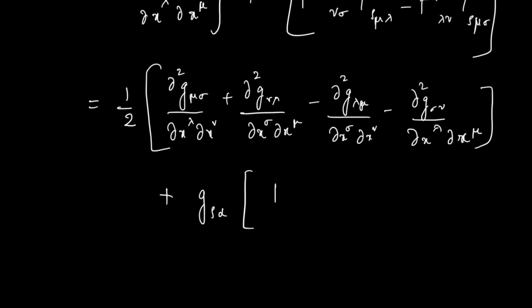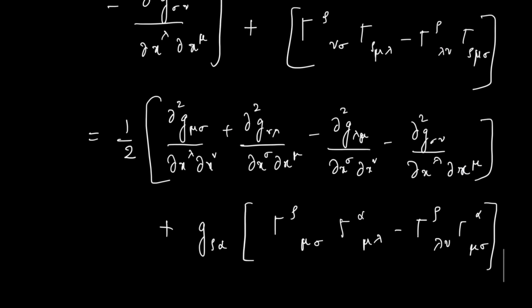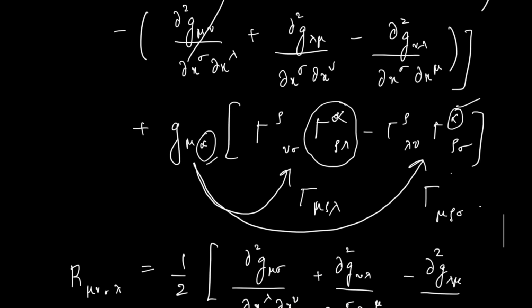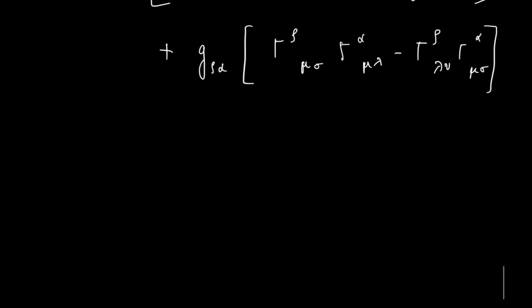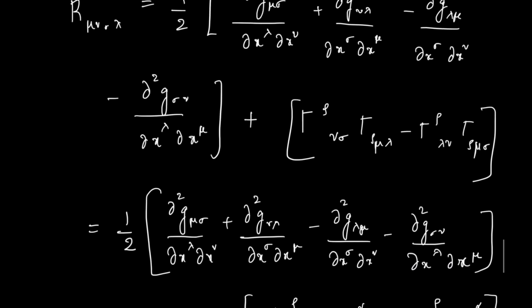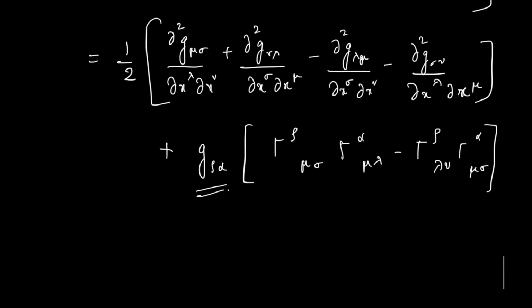Then the remaining quantities will be rho mu sigma alpha mu lambda minus rho lambda nu alpha mu sigma. So initially it was G mu alpha, now it is G rho alpha. This is the fully covariant Riemannian tensor.